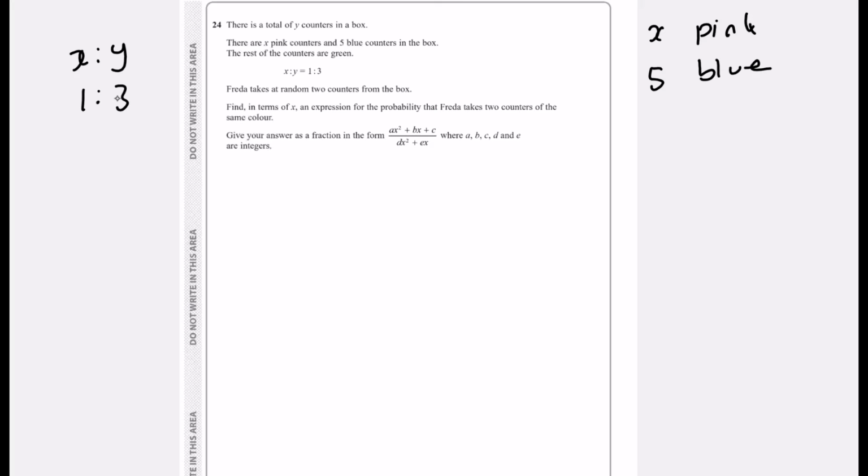Fraser takes at random 2 counters from the box. Find, in terms of X, an expression for the probability Fraser takes 2 counters of the same color.